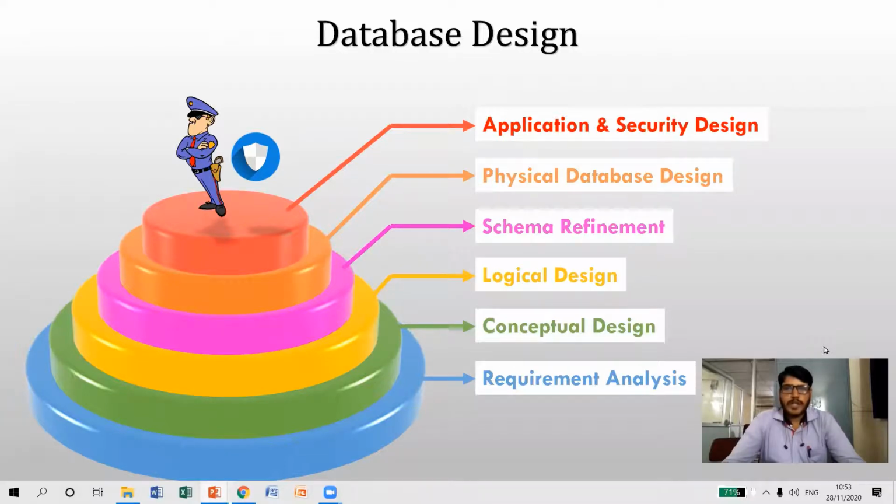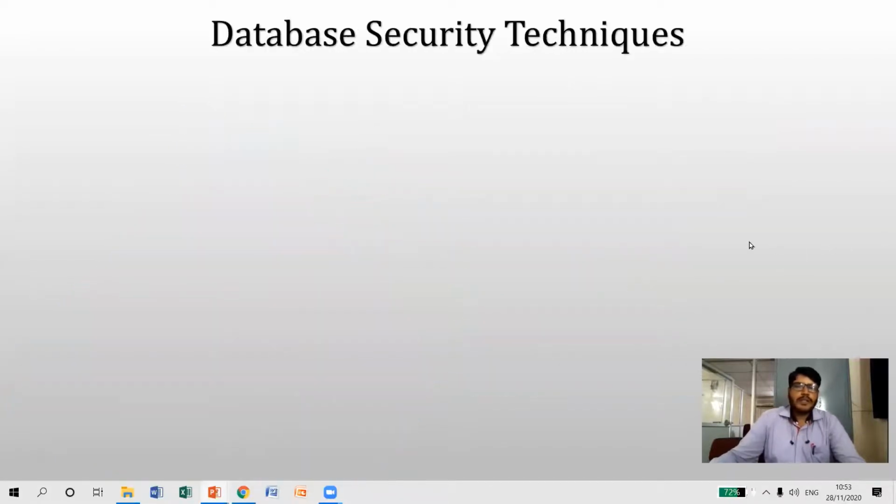For that purpose, we are going to develop certain applications and we are going to consider security measurements for our data. So if we implement applications and security measurements for our database, then I can say our database design is complete. So these are the several steps we need to carry out while designing the database. Now let us see what security techniques we can implement for our database.